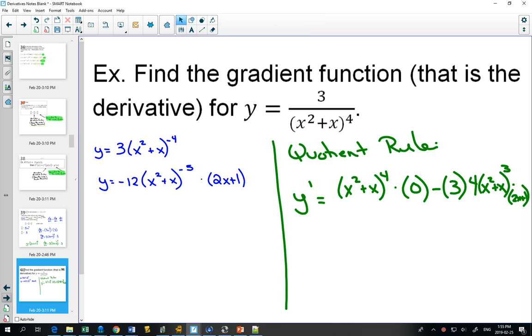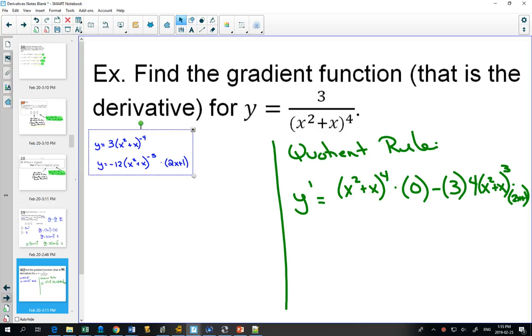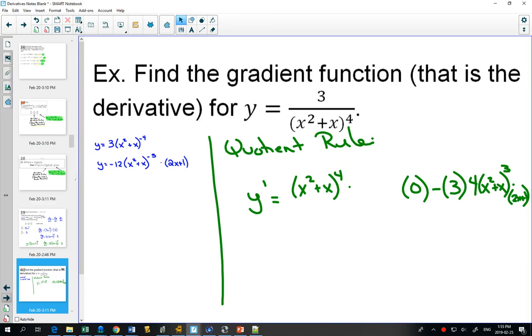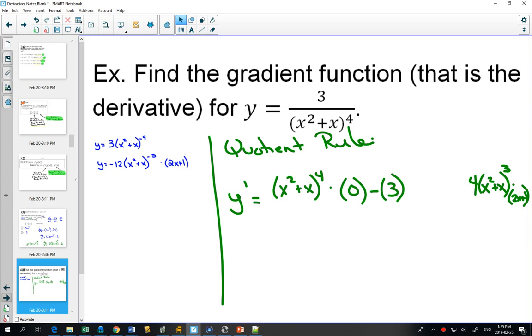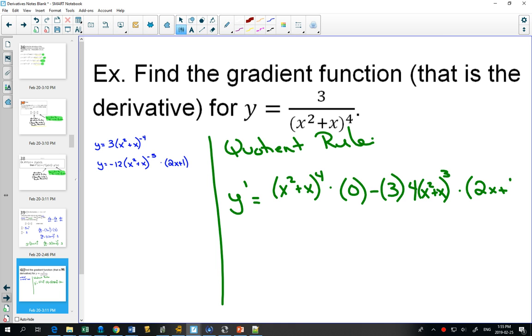Sorry, it's a little bit small. I'm going to make this smaller, move this over, and make this bigger. Multiplied by the derivative of the inside all over the bottom squared.